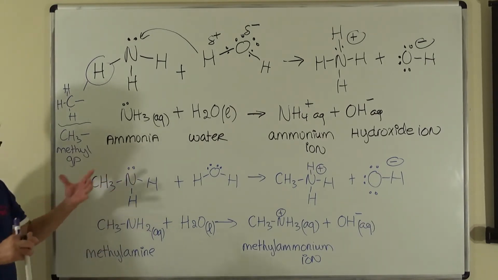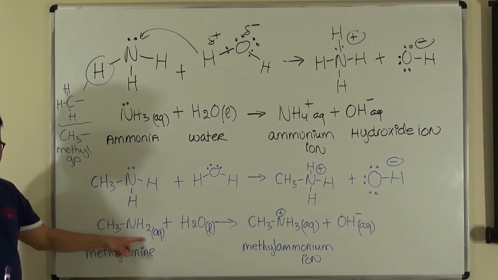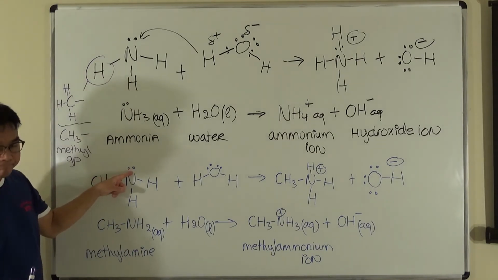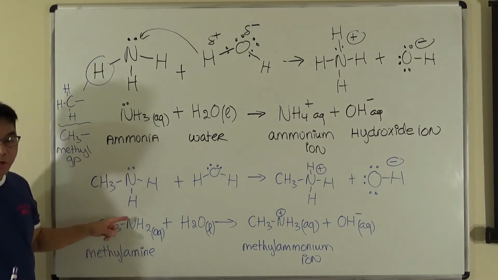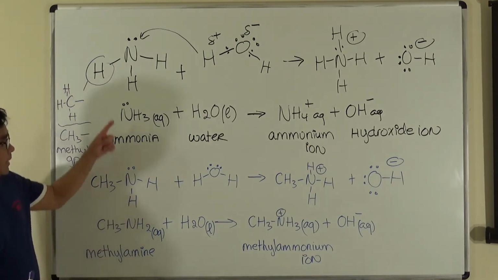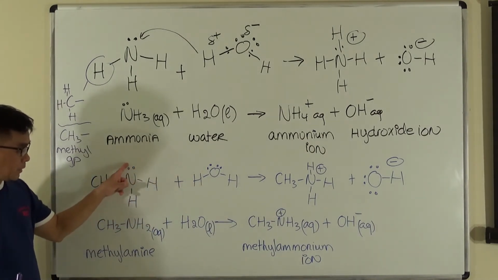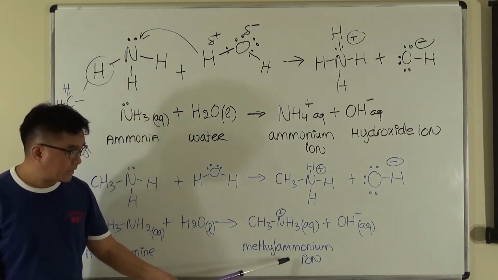This is the expanded structural formula, but usually it's written like this, as a condensed formula. Usually when it's written in condensed form, you don't put the lone pair of electrons. It's understood that it's there. So again, methylamine, when it dissolves in water, just like ammonia, because it has a lone pair of electrons, it can grab a proton from the water to form a so-called methylammonium ion.